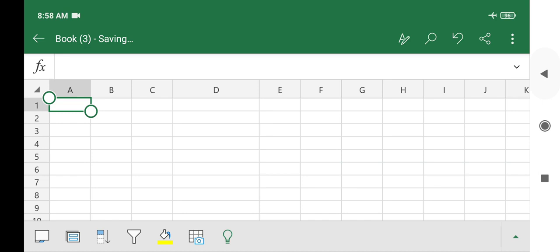So how will you do that? For our help, they have given us a formula: the temperature in degree Fahrenheit equals temperature in Celsius times 1.8 plus 32.